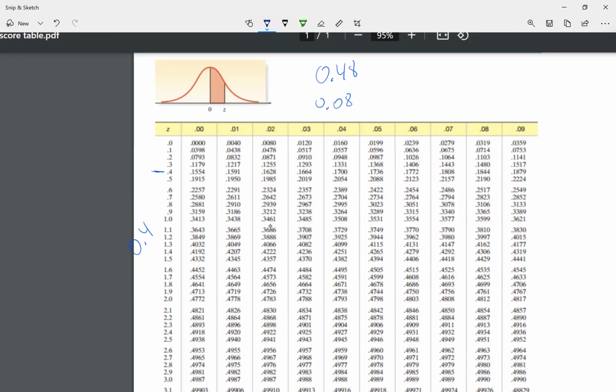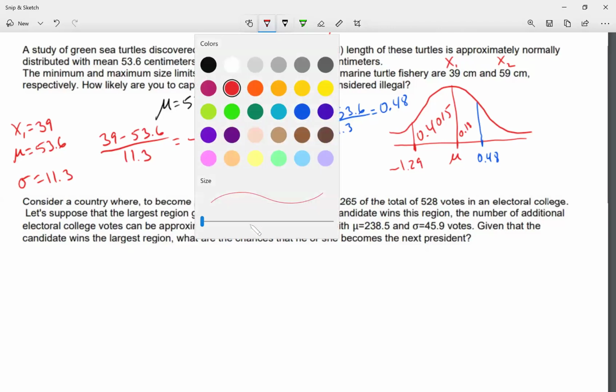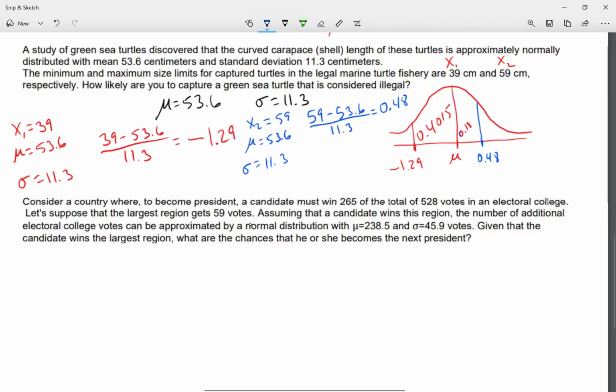So 0.4 is right here, 0.08 is right here. So 0.48, I'm going to say it is 0.1844. Let me change this to blue. 0.1844, right?